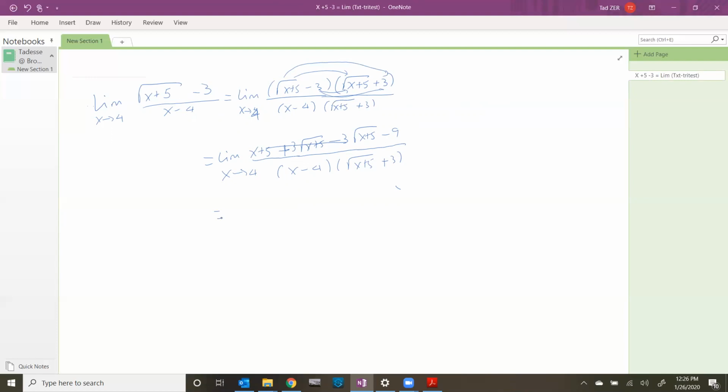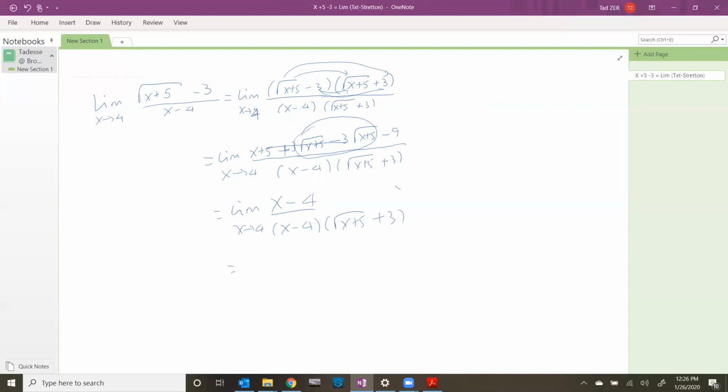Now, as you can see, these two middle terms cancel out. I have the limit of x plus 5, minus 9, which is x minus 4, divided by x minus 4 times radical of x plus 5 plus 3, as x approaches 4.